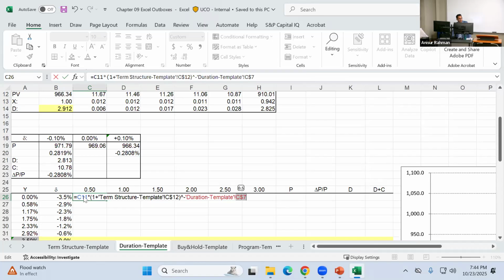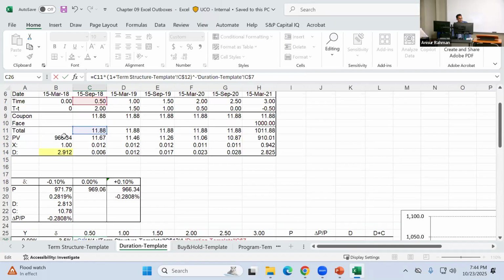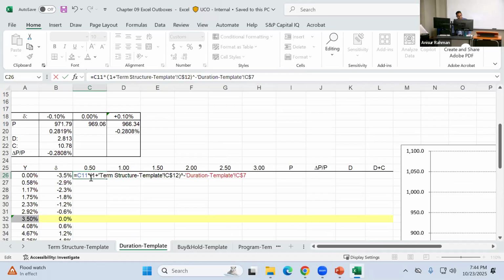And similarly here, we need to lock everything, right? Because these do not change. Our total cash flows do not change. So C11 needs to be locked completely. No, not completely, sorry, because we still want to move to the right.